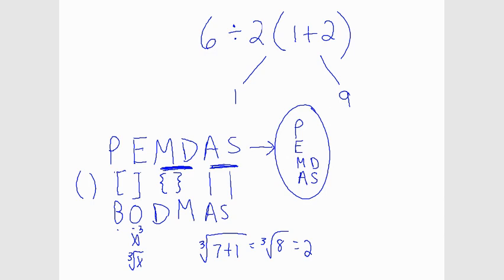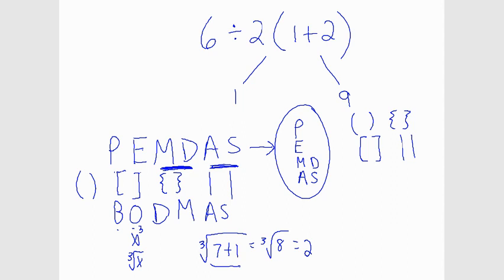But keep in the back of your mind, parentheses doesn't just mean curly brackets. It could mean these. It could mean these. It could mean absolute value signs. It could mean something like this, where the numbers are inside a cube root. Exponents could also be cube roots, multiplying and dividing. We have to remember to deal with those left to right.